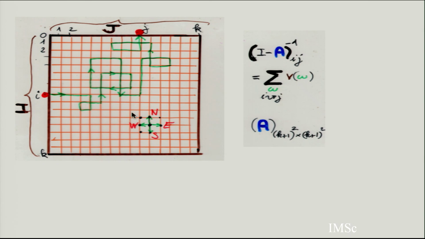I take the adjacency matrix of the square lattice, and I take the minor, where I start from all these points 0 to k, and j is all these points 0 to k. So the term ij of this minor is the sum of all the paths going from i to j, from this to this, where the path can go to the next neighbor north, east, west, or south.